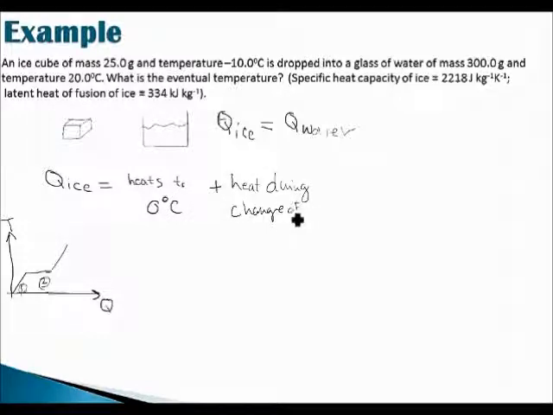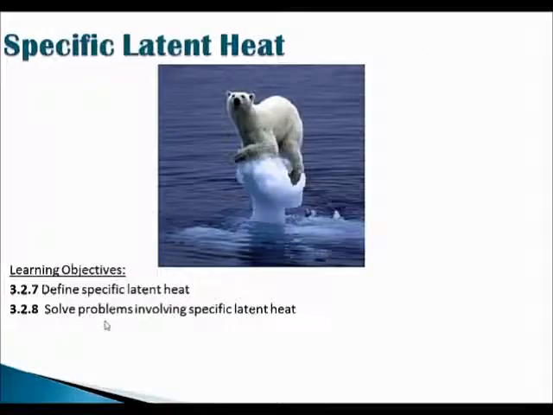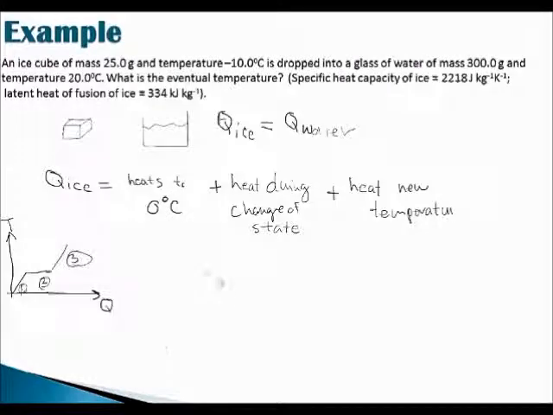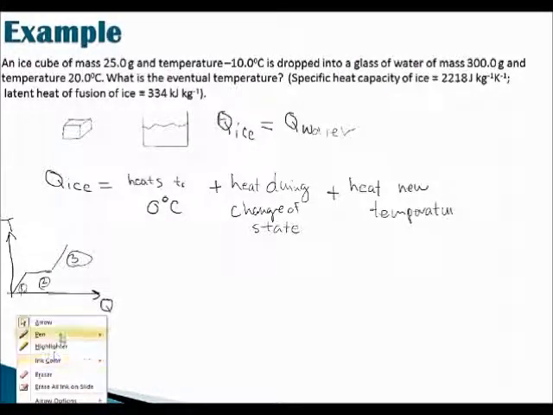And then finally we have the third region, where it heats up to the new temperature. Whatever that temperature is, we don't know what it is, but we just know that it heats up to that.